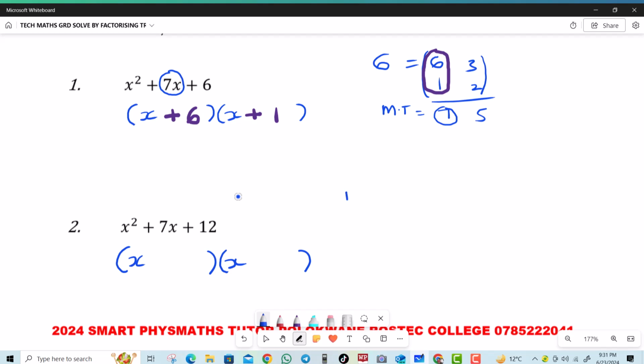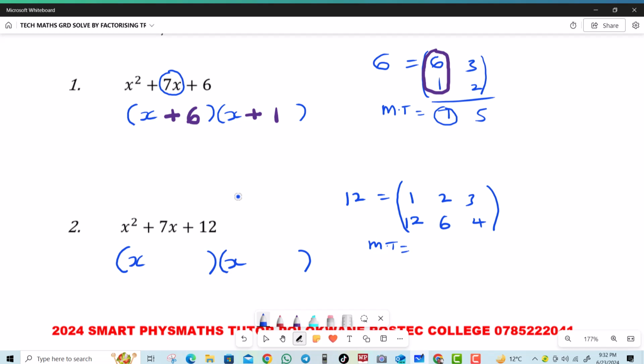Now 12 is the same as 1 times 12, or we can say 2 times 6, or we can say 3 times 4. All these are factors of 12. But then which of these factors give you the middle term when you add them?